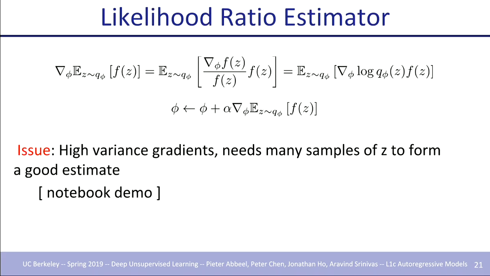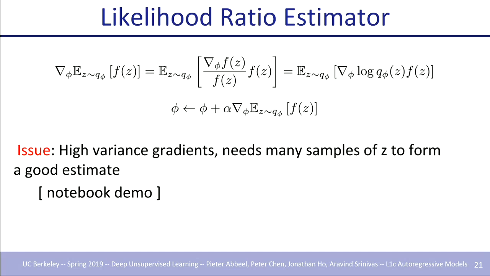So how do people do that? Obviously you want gradients with respect to this quantity that you're trying to maximize. So you want the gradient with respect to phi of this expectation. And there's this really cute trick. I'm pretty sure almost all of you have seen this by now, where you multiply and divide inside.